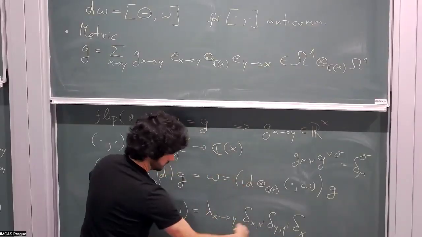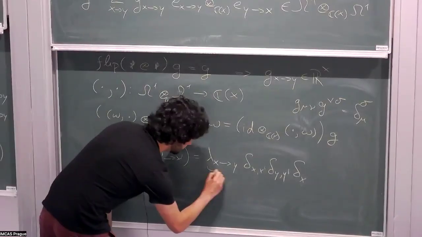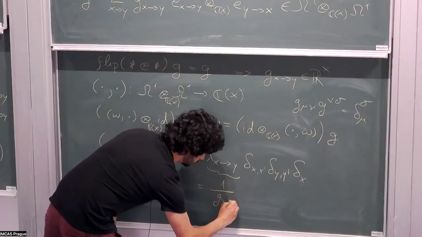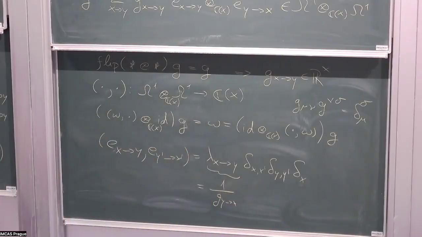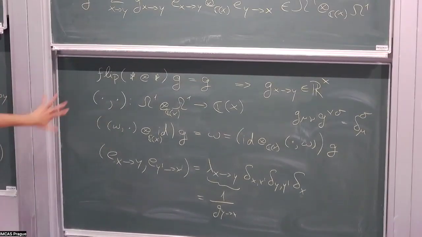So this is a function, and these are just the canonical deltas. We get this form, and this is then related to the metric in the sense that this is equal to 1 over g y going to x. Okay, this is all known very well.